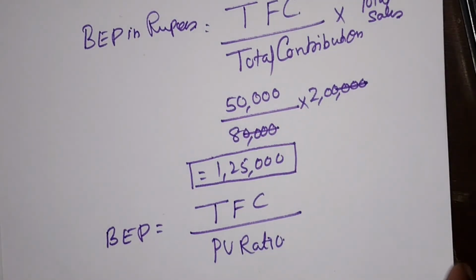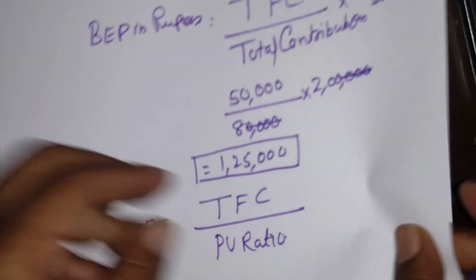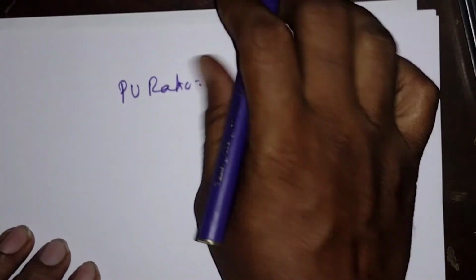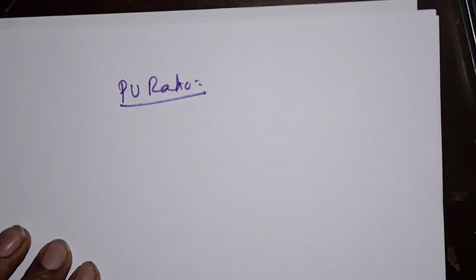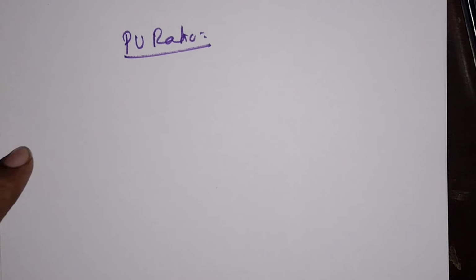What is this PV ratio? The PV ratio means profitability volume. That is, what is the percentage of profit? The profit will be measured in terms of the percentage. Yes. What is the formula for PV ratio?